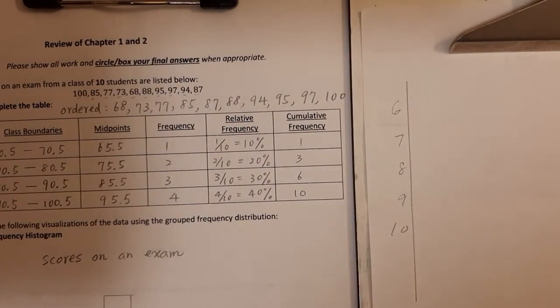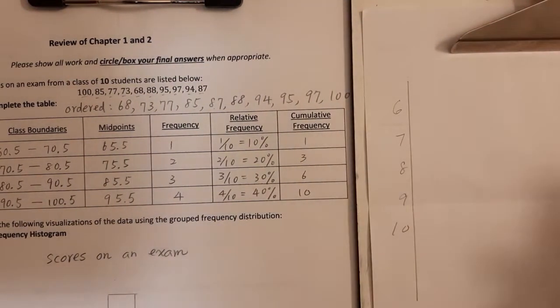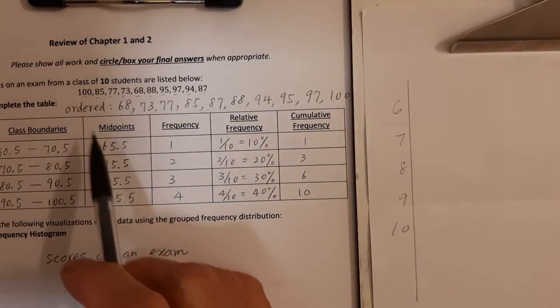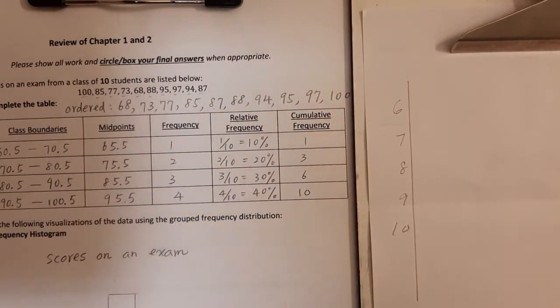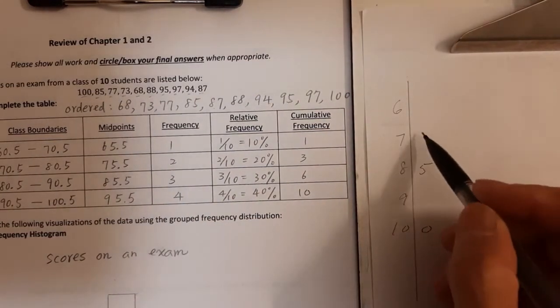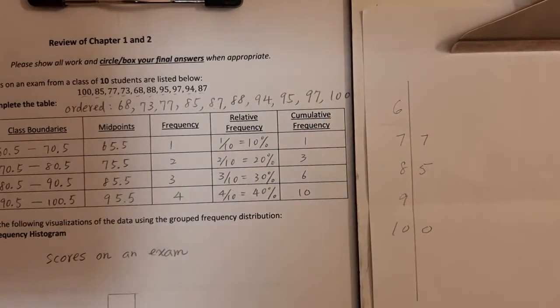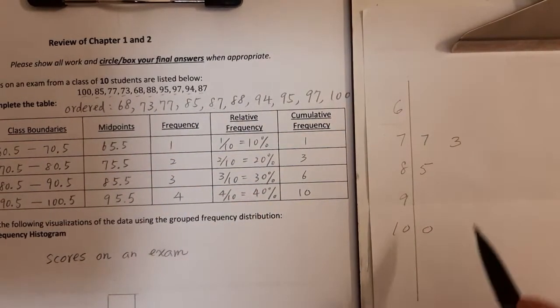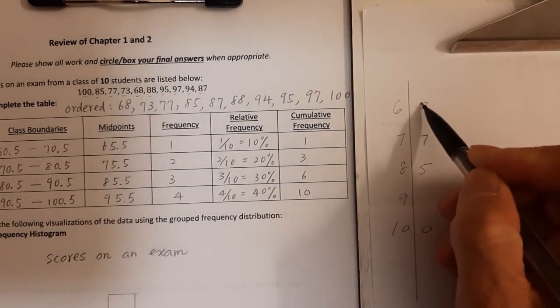And then the ones digit is put on the leaf. This side is the leaf. The first number is 100, so 100. The second number 85, so 85. Then the next number 77, so 77. The next number 73. Next number 68, on 6 put 8.